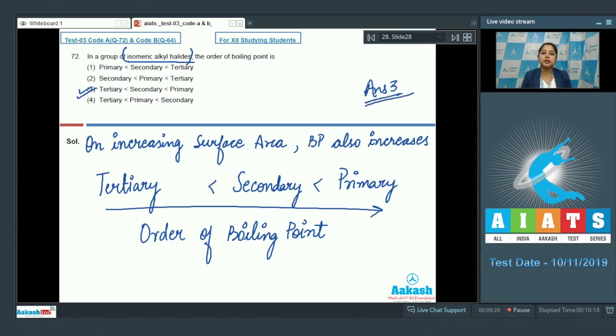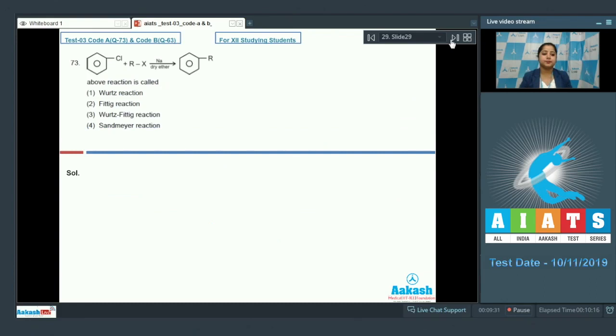Let's move to the next question, students, which is 73. Let's read the question. In this question, we are given an aryl halide and an alkyl halide, and these two reactants combine in the presence of sodium and dry ether, and alkyl benzene is formed. And we have to identify the name of the reaction. The options are Wurtz reaction, Fittig reaction, Wurtz-Fittig reaction, or Sandmeyer's reaction.